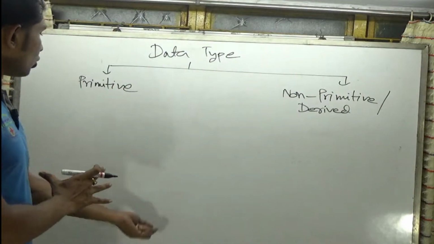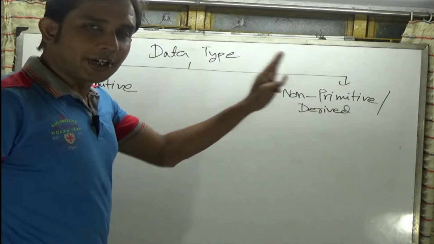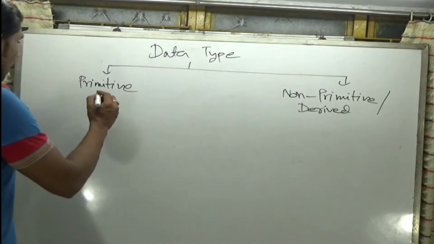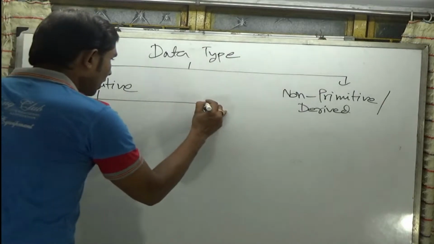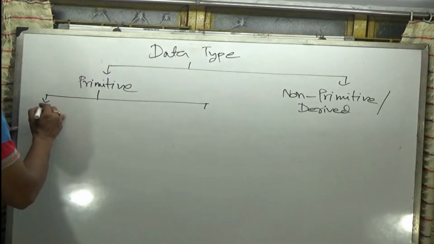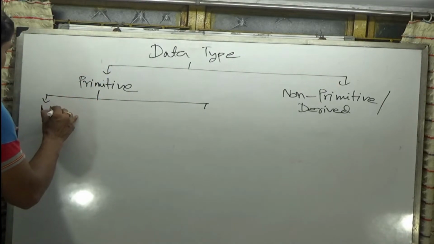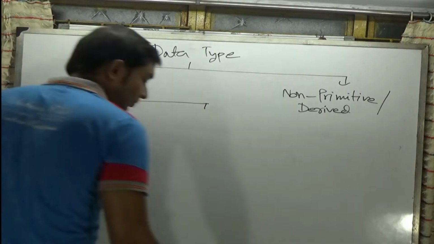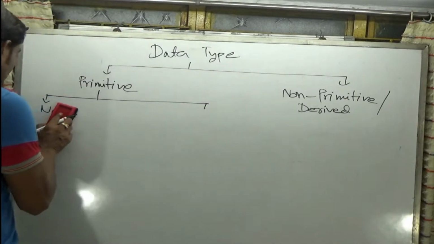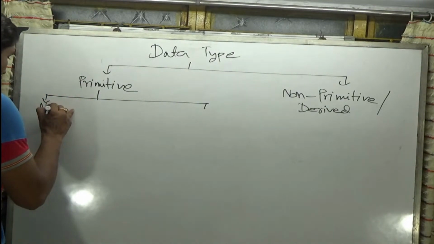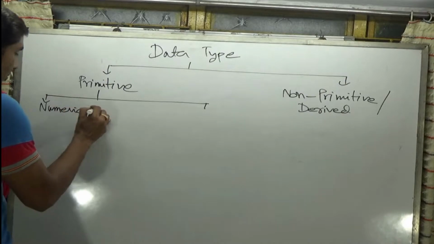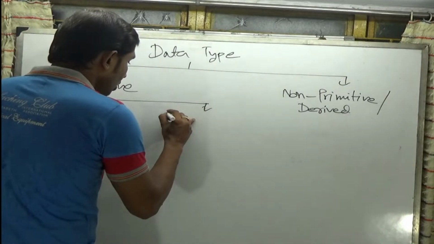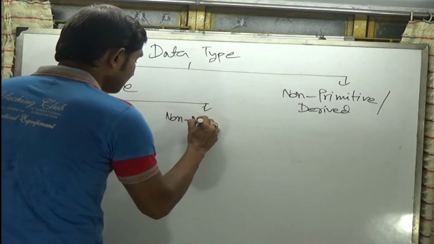So this one is the primitive and non-primitive derived data type. In primitive data type, there are two types available. One is numeric and another one is non-numeric.